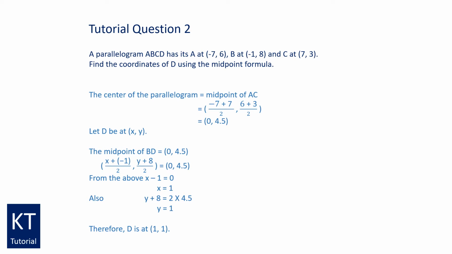By working out the averages of its x and y values, the midpoint of AC is (0, 4.5). Now let D equal (x, y). By using the midpoint formula, we could calculate x as being equal to 1, also y being equal to 1, and hence getting D as the coordinate (1, 1).